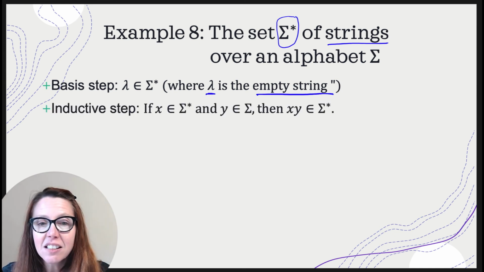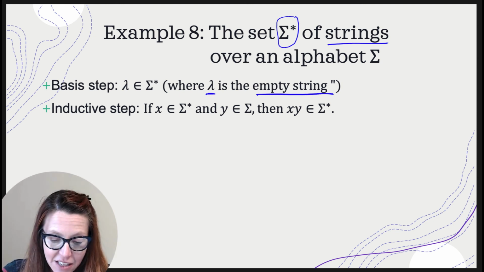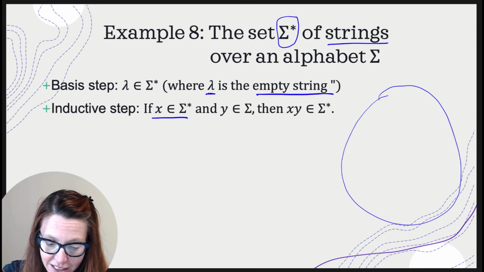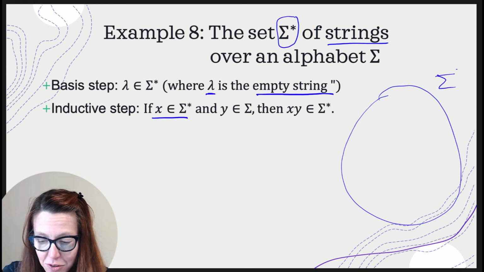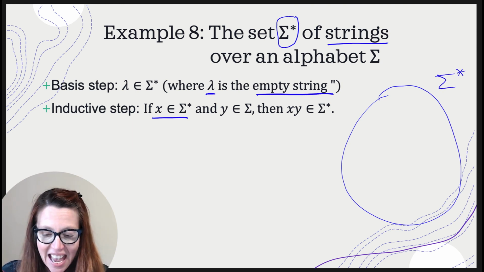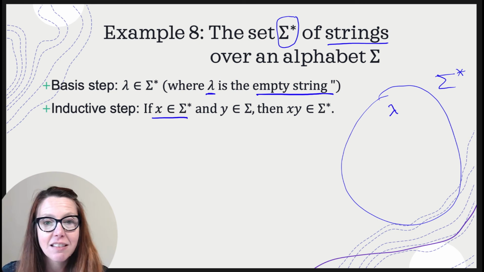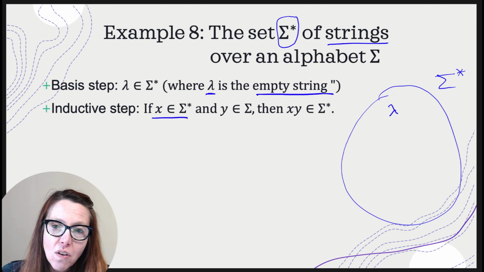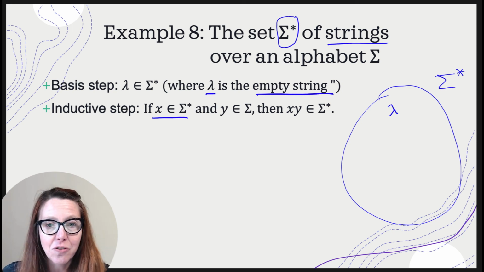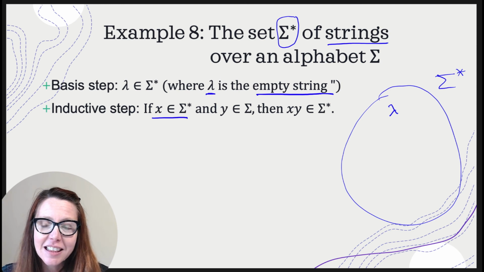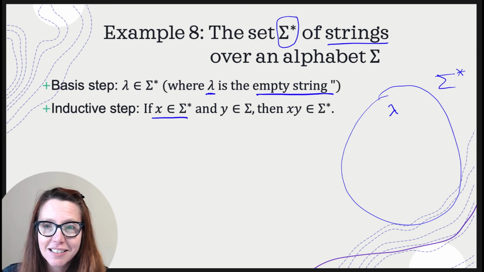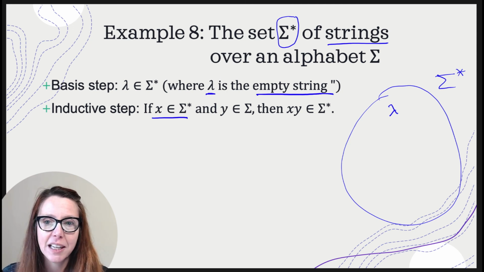And then the inductive step is to say, if you have something in our set of strings, sigma star, and we place lambda, the empty string, in it, we say over this finite alphabet, if you've got a y in your alphabet, then xy is in sigma star. It's one of the strings that can be built from this alphabet.